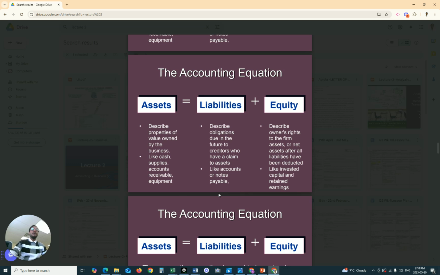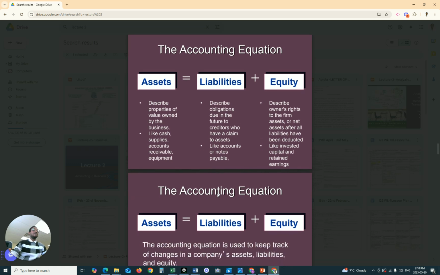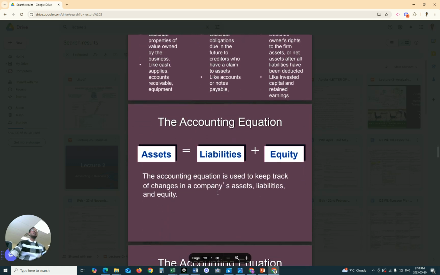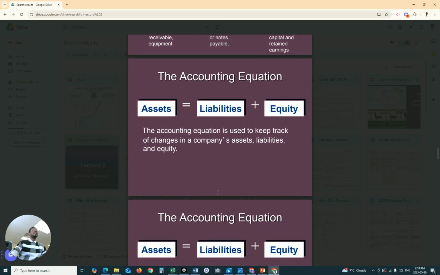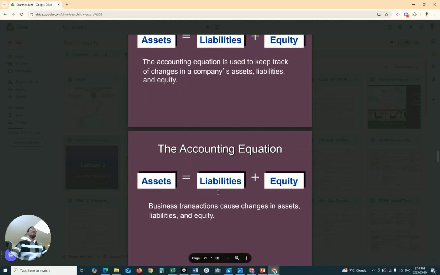So the owner's worth in the business is the equity. The accounting equation is used to keep track of changes in a company's assets, liabilities, and equity. And finally, for this episode, business transactions cause changes in assets, liabilities, and equity.